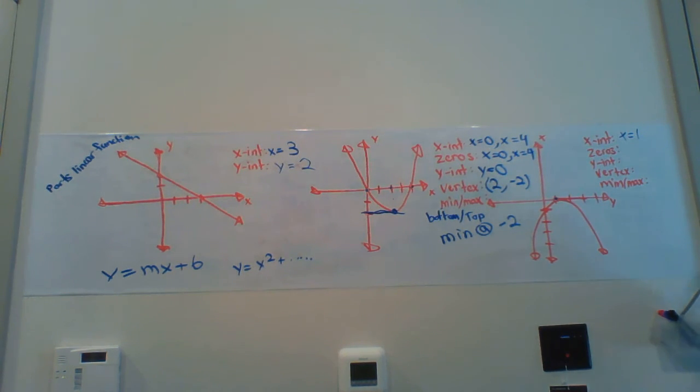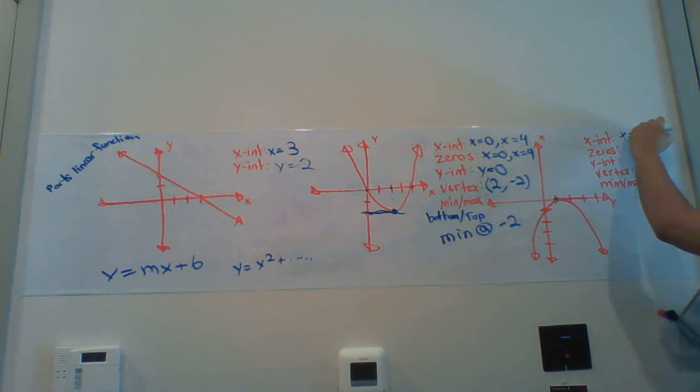So the thing is, quadratic functions are supposed to have 2 zeros, 2 x-intercepts. So what happened in the second one? What really happened is that this is repeated, right? And you'll see that more in Algebra 2.